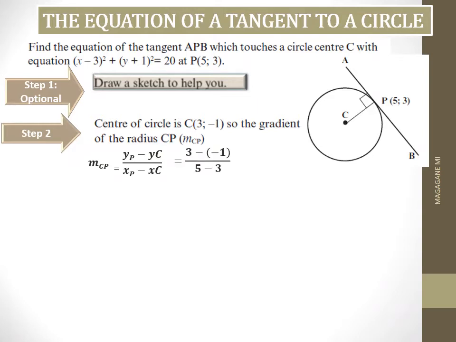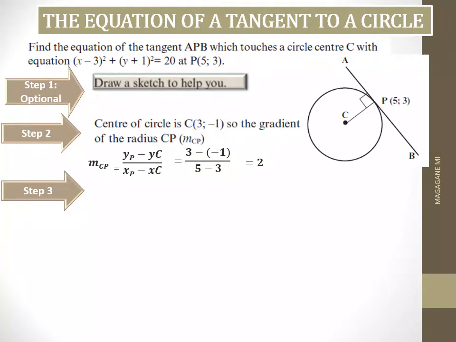Right, so let's substitute. Our y at P is 3, and our y at C is -1. Therefore, we'll have 3 minus -1, divided by x at P, which is 5, and x at C, which is 3. Therefore, we'll have 5 minus 3. Therefore, our gradient equals 2.